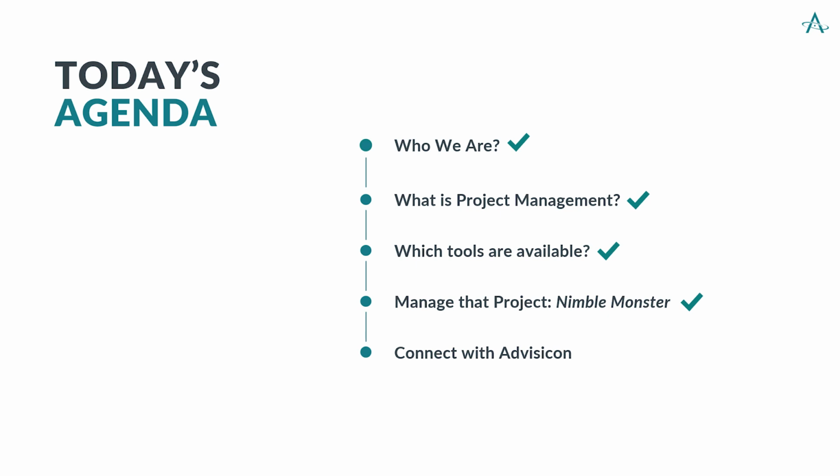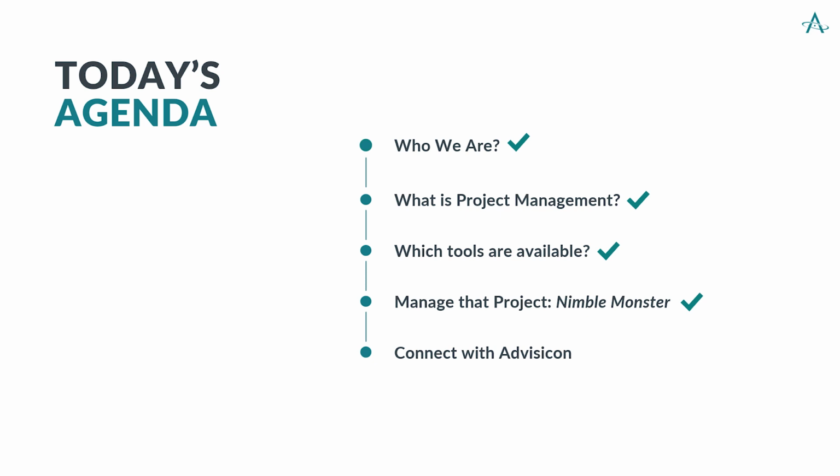I'd like to recap our webinar today. You know a little bit more about Advisicon and myself. You know that project management has many aspects of it, but the ones we focused on were connectivity, organization, collaboration, and efficiency.